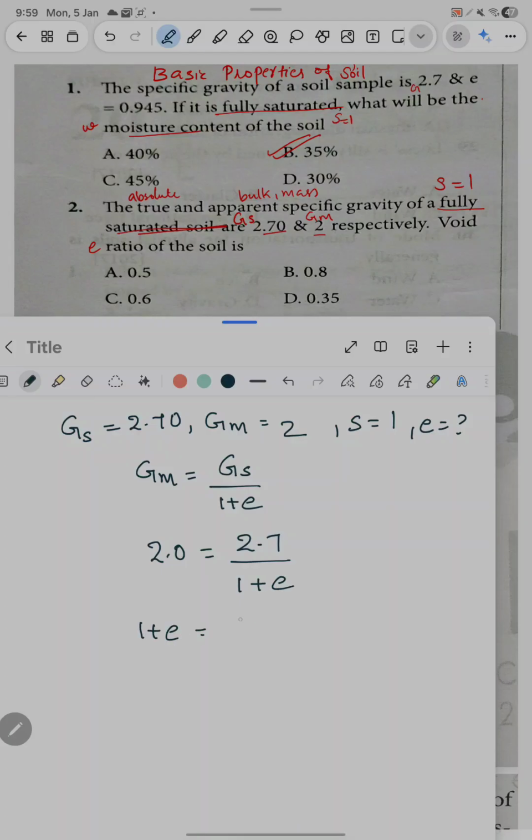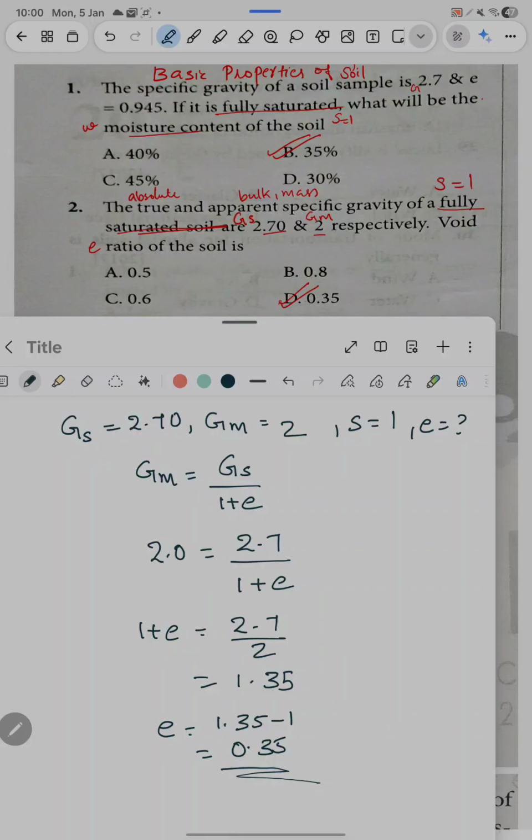So 1 plus E is equal to 2.7 by 2, so it is 1.35. So E is equal to 1.35 minus 1, so 0.35. So our answer is 0.35, option D. Option D is the correct answer.